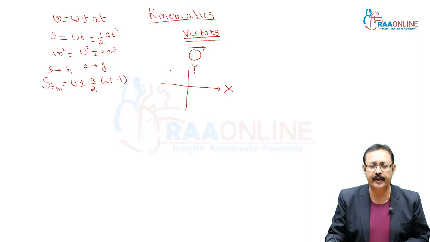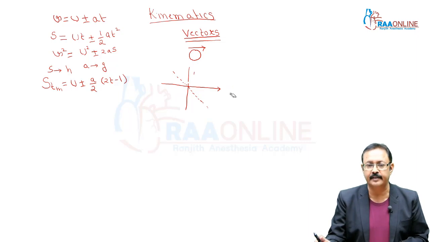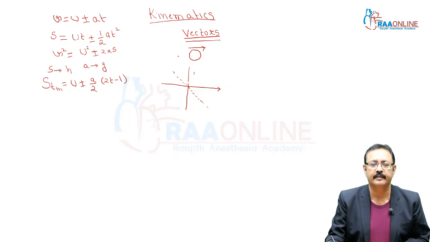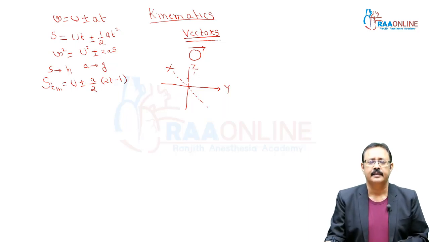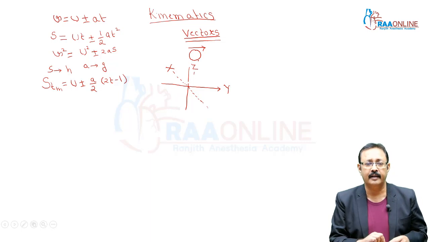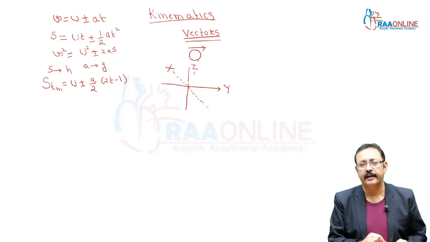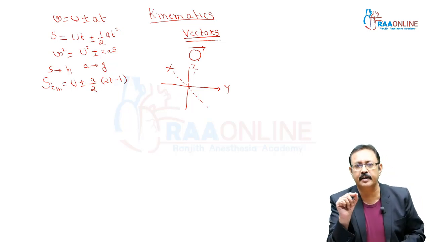But if you are in space, we need one more axis for height. So now we need 3 axes: X-axis, Y-axis, and Z-axis for height. It means in space 3 dimensions are possible.